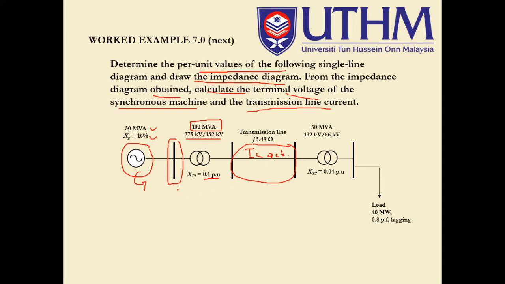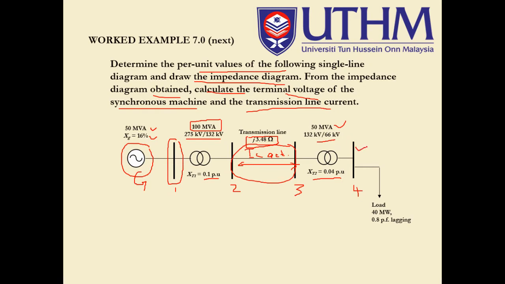In between, let's say we have bus bar number 1, bus bar number 2, bus bar number 3, as well as bus bar number 4. In between bus bar 2 and 3, we do have the transmission line, and the impedance of the transmission line is provided in this question. Then we move to transformer 2, where the impedance is given here as 0.04 pu, as well as the S and the voltage ratio, which is the step down operation of the transformer.